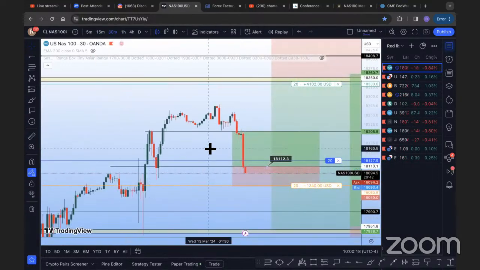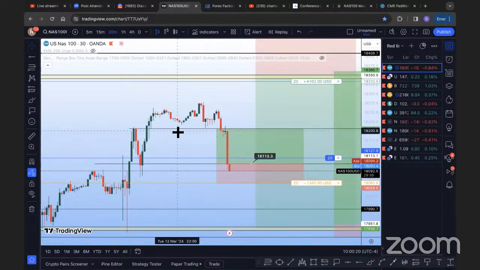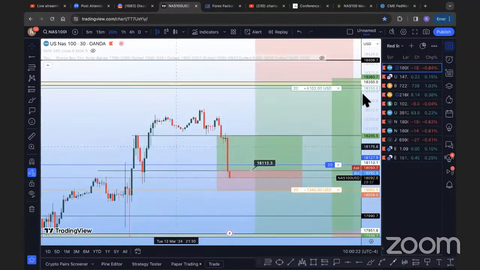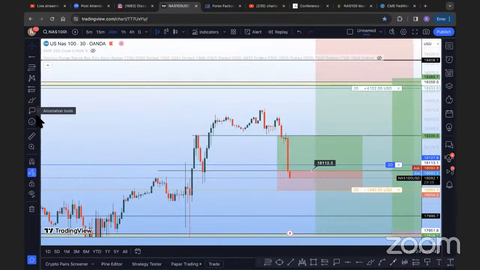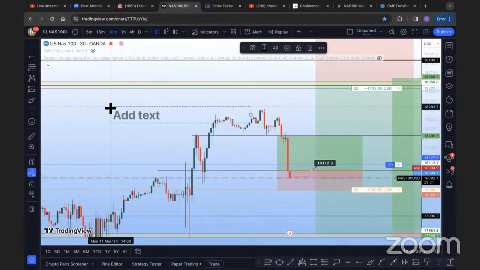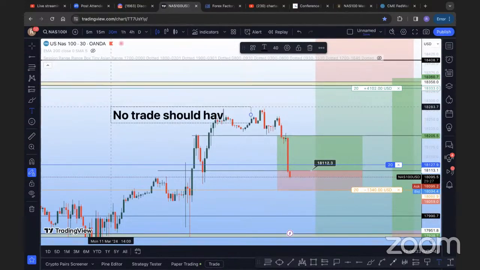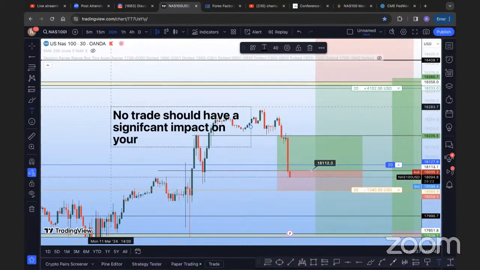Unlike this trade, write this in your journal too, just for a lot of the newer traders. I know some of the experienced traders know this, but no trade should have a significant impact on your P&L.